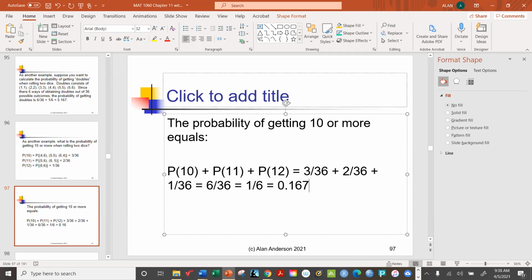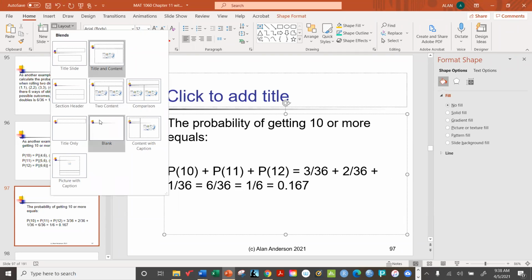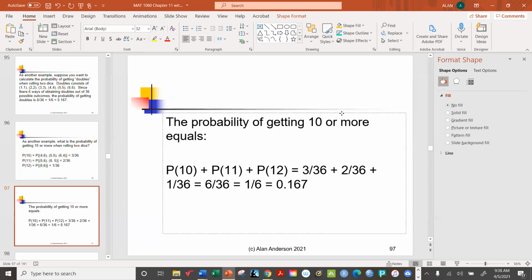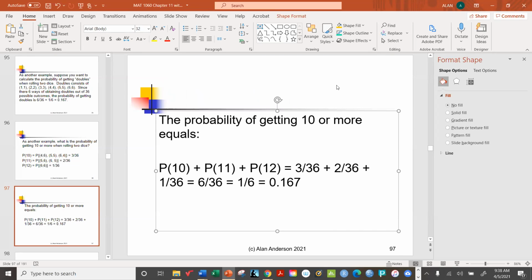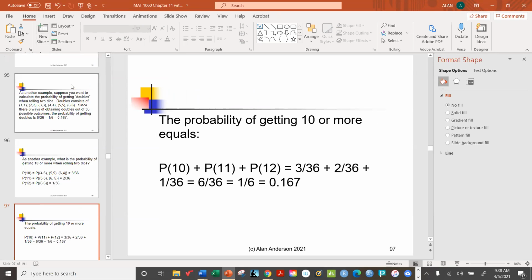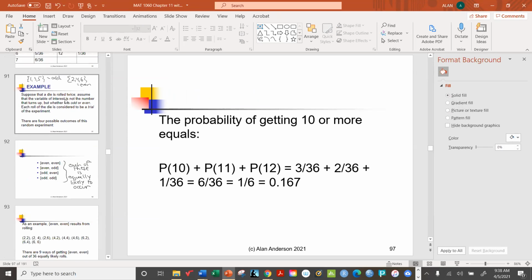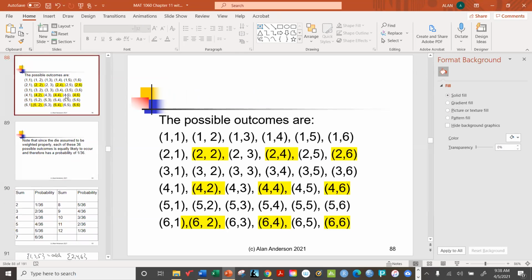Or if you want to use decimals, 0.167. So you can see how we're calculating these probabilities. It's all based on the way the original experiment was conducted. Because we're rolling 2 dice, we know that right from the beginning, there are 36 equally likely outcomes, and we can use that information to calculate any probability that we might need.